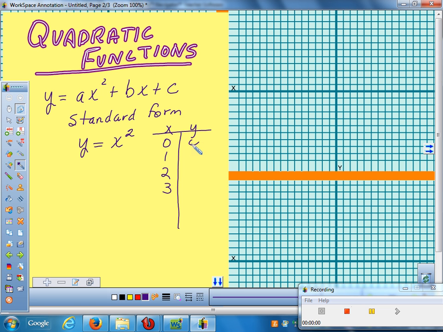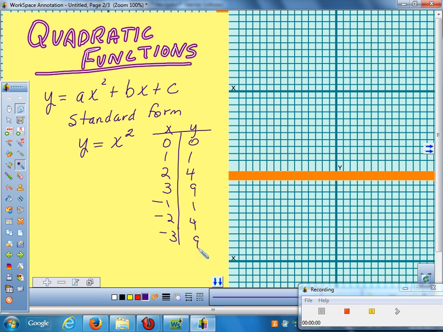And 1 squared is 1, and 2 squared is 4, and 3 squared is 9. Okay. Now, I also want to ask you, does it change if I did -1, -2, and -3? Because when I put those in and square it, it's still going to be positive. So I'm going to get 1, 4, 9 again.